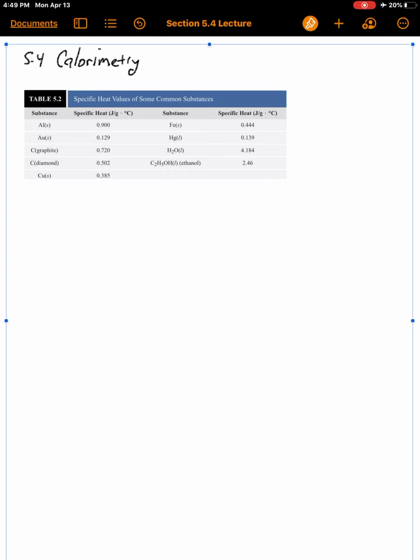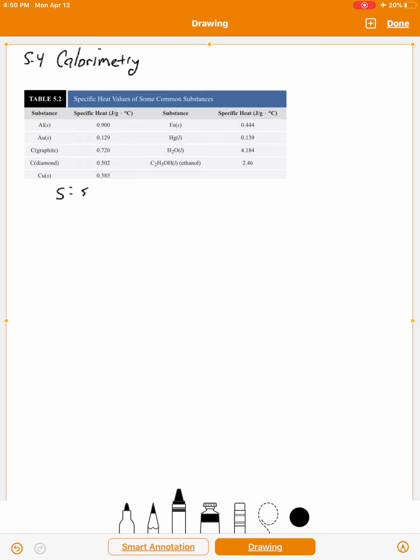And the specific heat capacities, or specific heat for short, are given in units of joules per gram degree C. The symbol for specific heat in your textbook is S. And it's used in an equation: Q is equal to S times M times delta T. Sometimes referred to as the calorimetry equation.